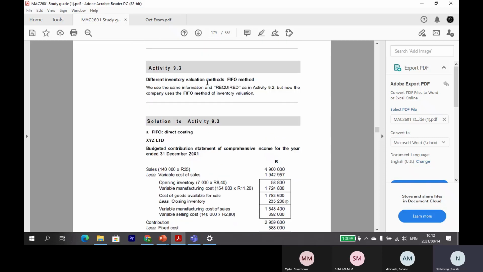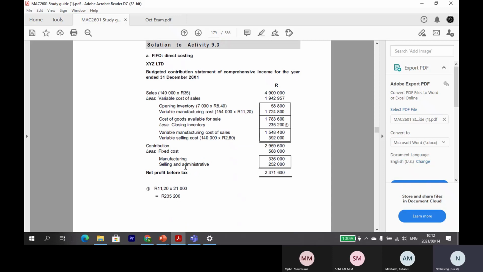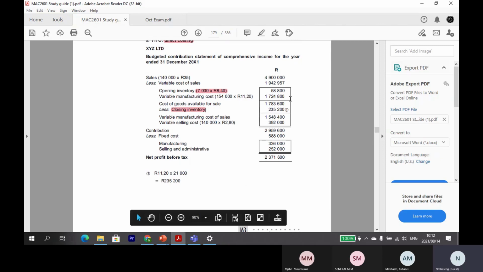So now let's look at the first-in, first-out method, how it treats what we just spoke about. I hope you guys, because it does come up and it pops up in exam questions, okay? So under the first-in, first-out method, because it's under the direct costing method, remember it's straightforward because we only take into account variable manufacturing cost. When it comes to your closing, let's look at how they did your closing.